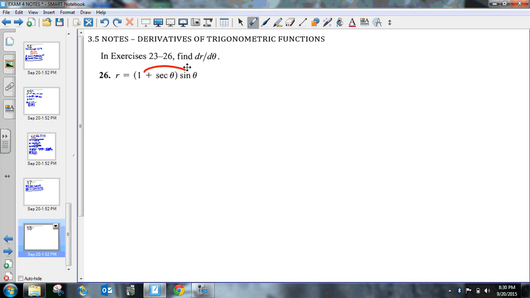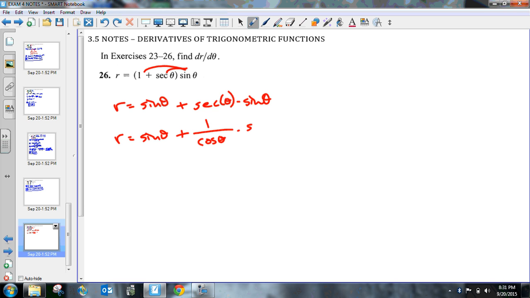So I multiply this out and get r is equal to sine of theta plus secant of theta times sine of theta. Let me rewrite secant of theta as 1 over cosine of theta, so plus 1 over cosine of theta, and then times sine of theta.